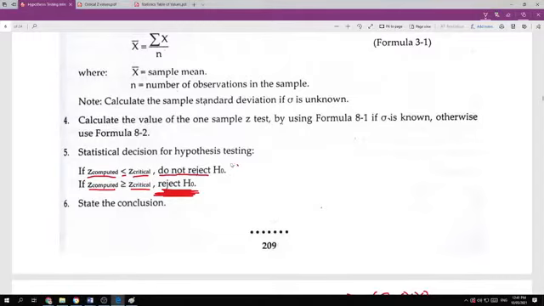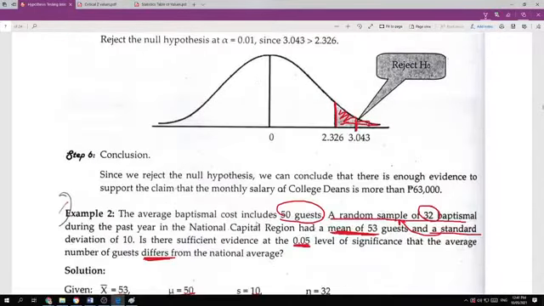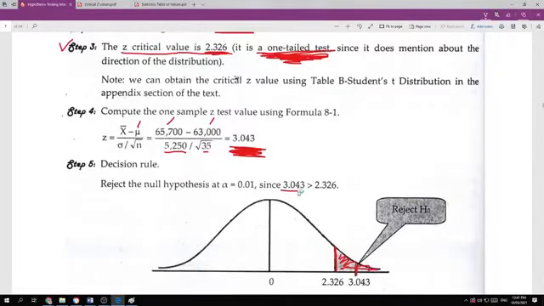It's okay nga i-refer lang ni nako diri, sir. It's very fine. So if the computed z is greater than the critical z, reject HO. If it's less than the critical z, do not reject HO. Look at this one. Is 3.03, which is the computed z, greater than the critical z? Yes, it is. Therefore, we reject HO.